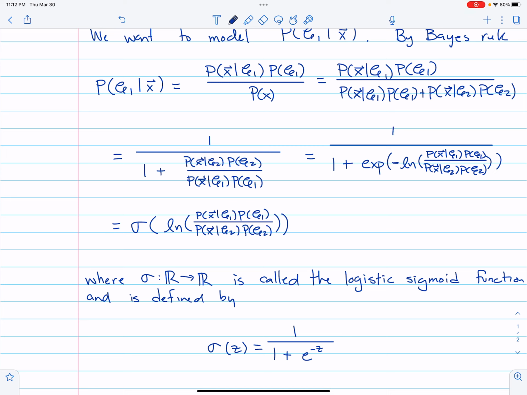Okay? So notice that's exactly what we have here. We have 1 over 1 plus e to the power of something, or e to the power of negative something.